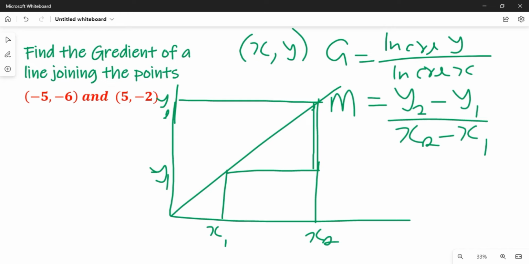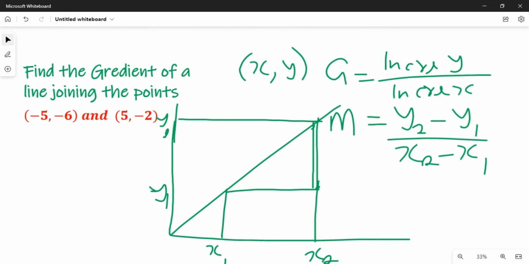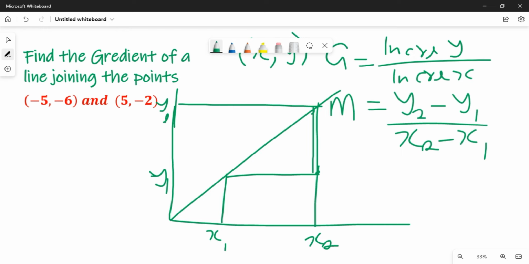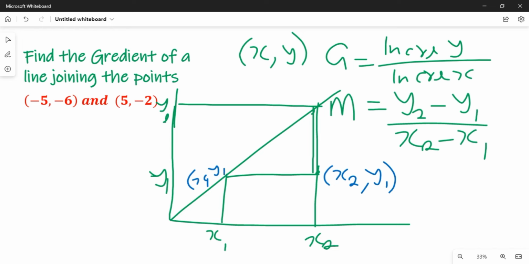Now, simply put, at every point we have a value for x and a corresponding value for y. So at this point we'll have our x to be x2 and our y to be y1, while at this point we'll have our x to be x1 and our y to be y1.